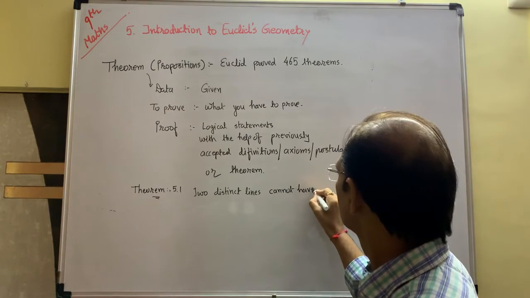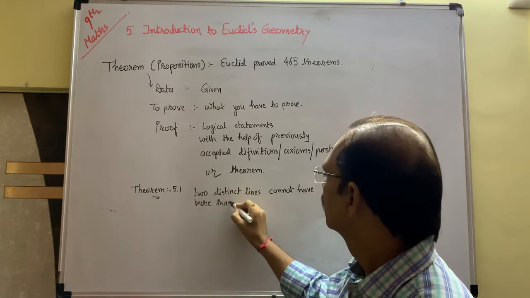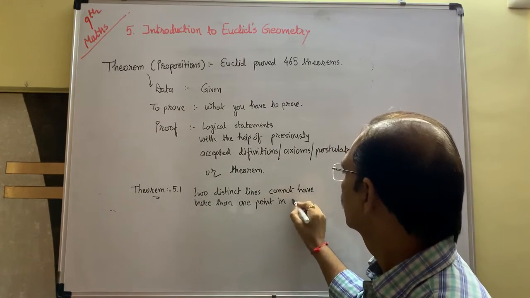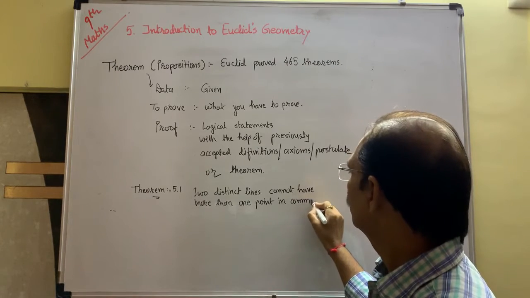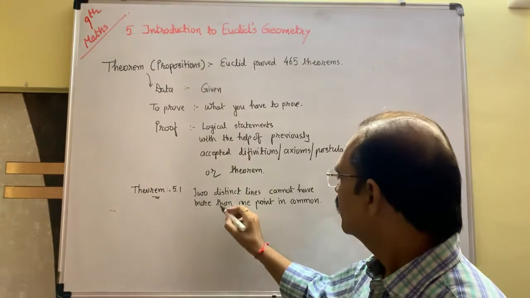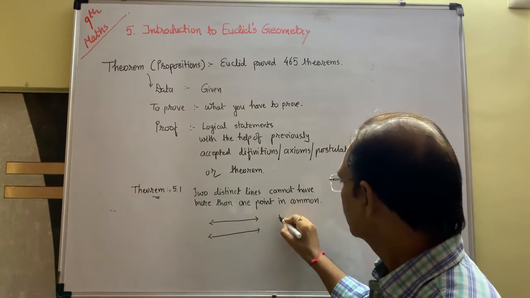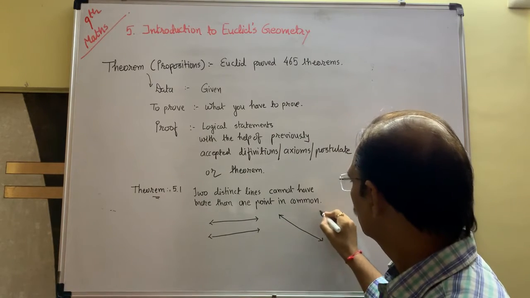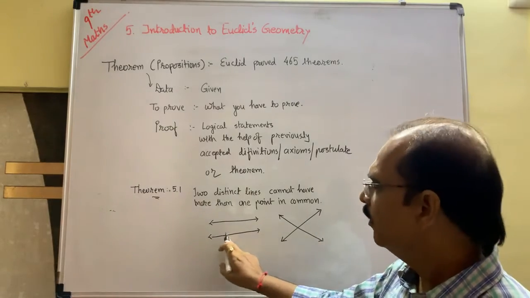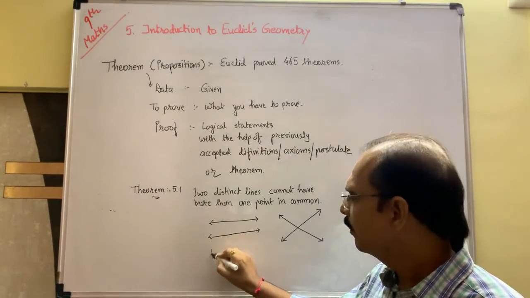Accepted without proof. But I will explain: if you draw two distinct lines, then two chances are there. You can draw this way or this way. This way means they do not intersect, means they are parallel lines.